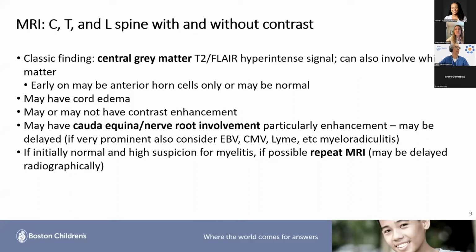In other conditions where you have myelitis, for instance, multiple sclerosis, and you have a patient with known multiple sclerosis who has a presentation consistent with myelitis, you might just image the C and the T spine because you're looking at the cord.